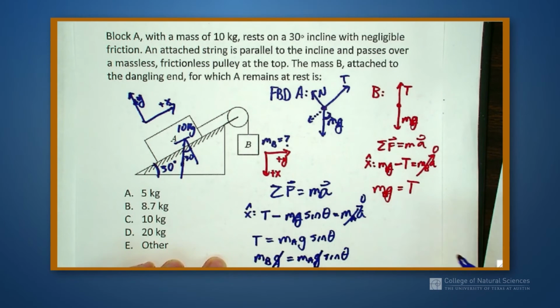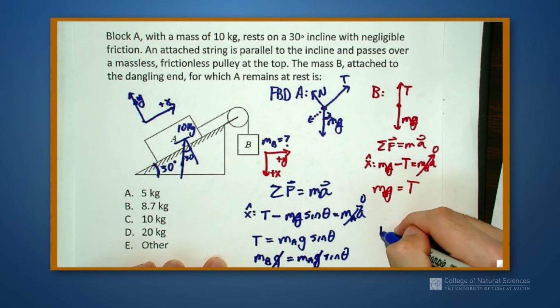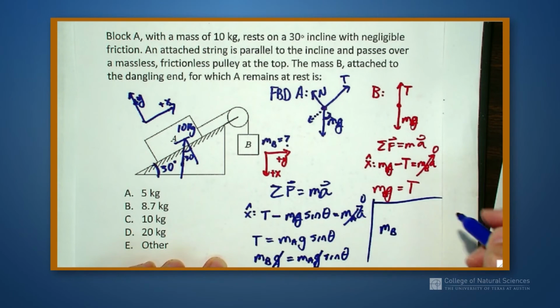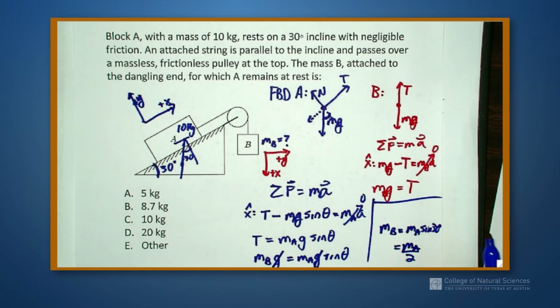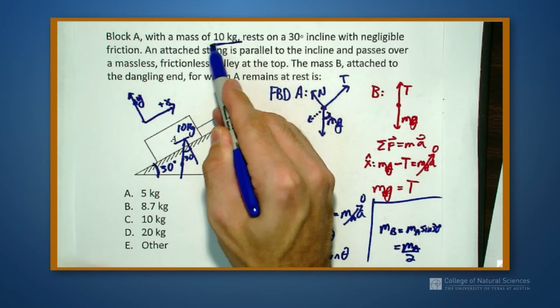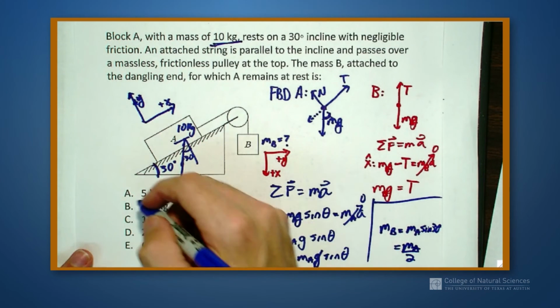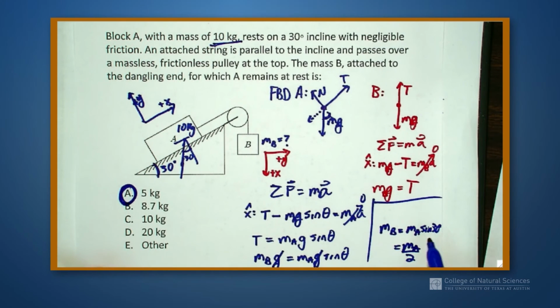And a factor of g will cancel out of both, and my mass of B is equal to mass of A times the sine of 30 degrees. And the sine of 30 degrees is 1/2, so this is mA over 2. So I just have to figure out if I have a 10 kilogram mass as mass of A, then 10 kilograms times the sine of the angle is going to be 5 kilograms.